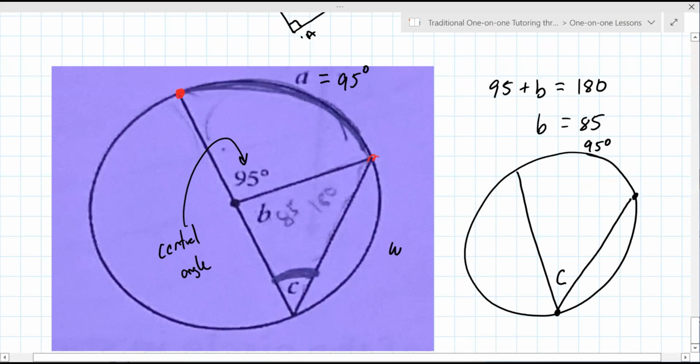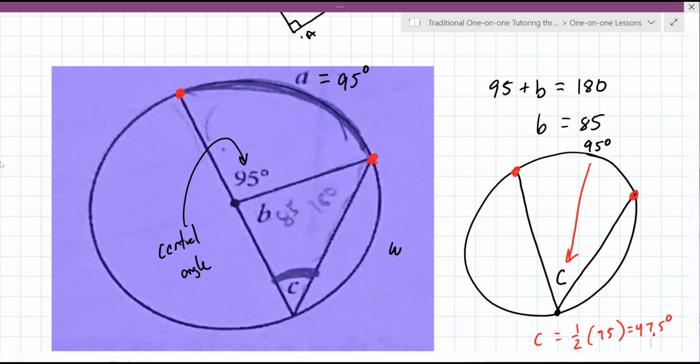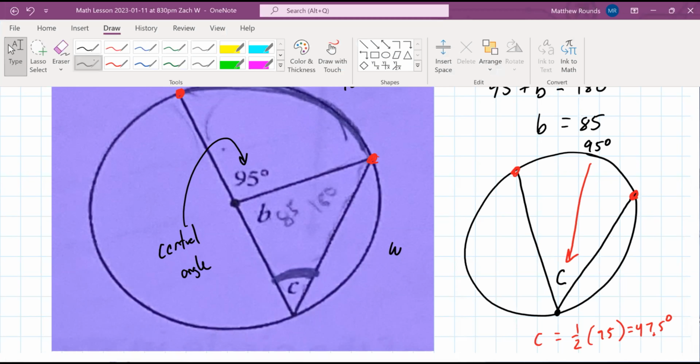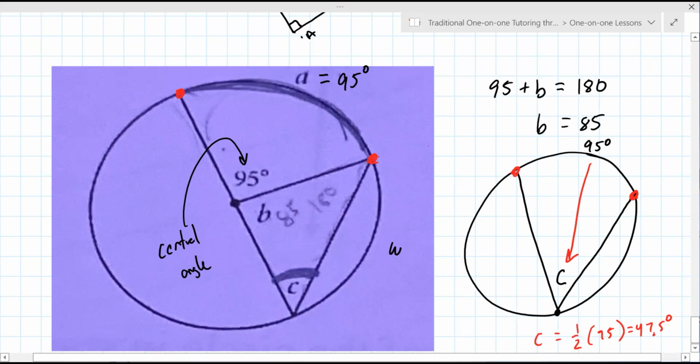Red dot, red dot, red dot, red dot. Yeah, I see that. Okay, so this is an inscribed angle, which means that C is half of 95. And that would be like 47.5 or something like that. Yeah, 47.5, half of it.